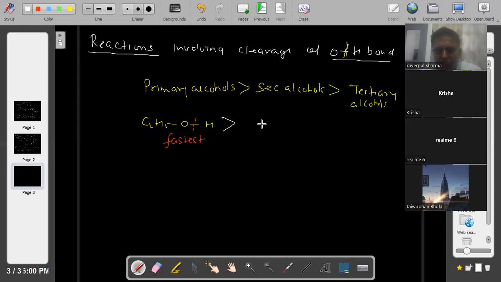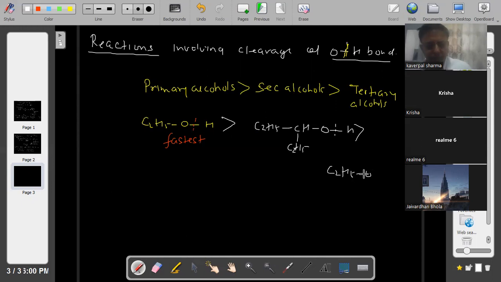Then C2H5, then C2H5, then OH lesser than this, and then C2H5, then CH3OH. There is a poor cleavage.